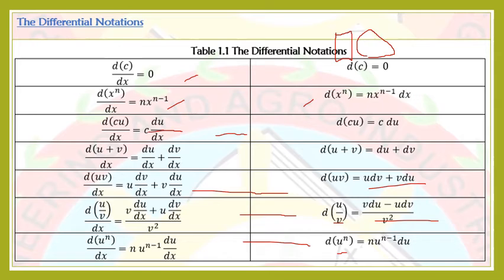U to the power of n is n times u to the power of n minus 1 and du. Okay, so yan yung mga differential notations. Mapapansin ninyo, d over dx or dy over dx or du over dx yung ginamit dito kasi ang inadapt dito is yung kay Leibniz, yung notation ni Leibniz. Okay, so parehas lang talaga doon sa theorems on differentiation.